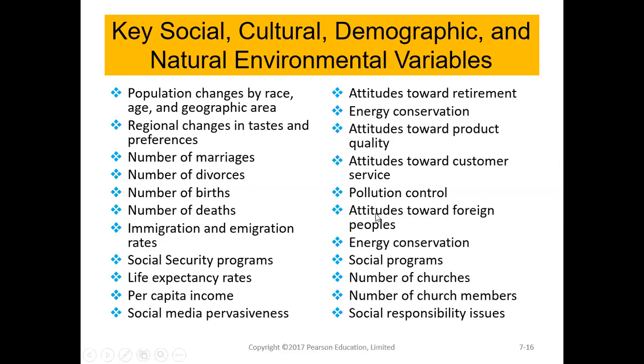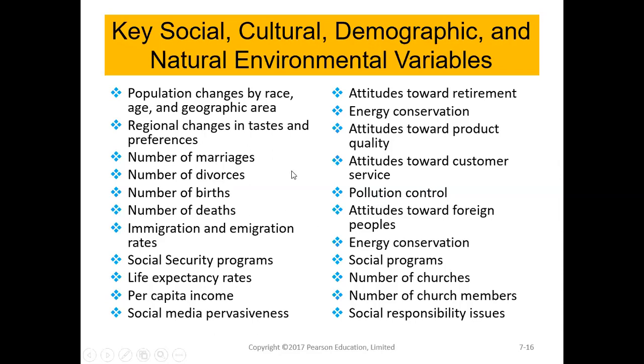Or if you're talking about the attitude towards foreign people, how about the people in other countries? Do they treat foreigners in a friendly way, or do they have a bad relationship with foreigners, so that if I open my industry there, I will be facing many difficulties working with those people in that country? How about pollution control? What percentage?